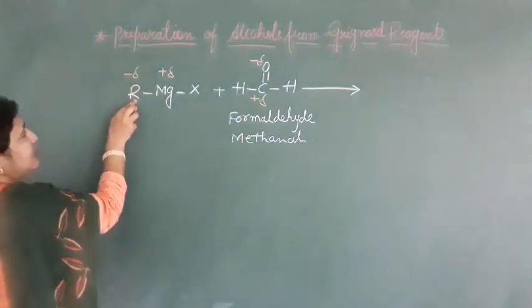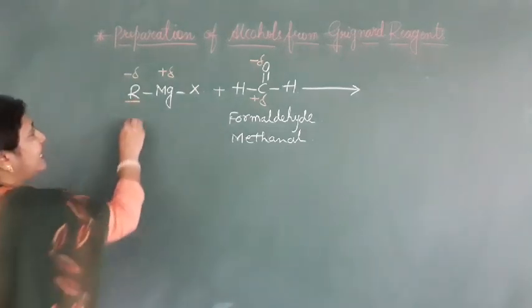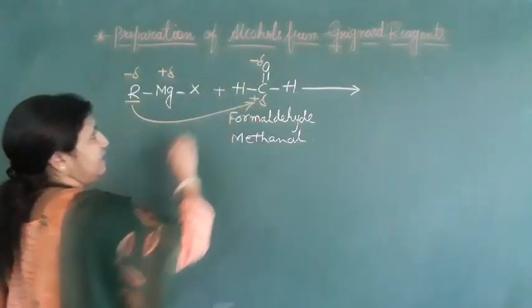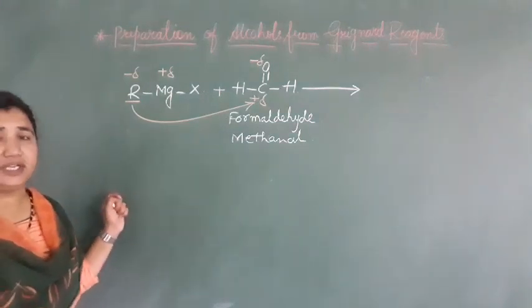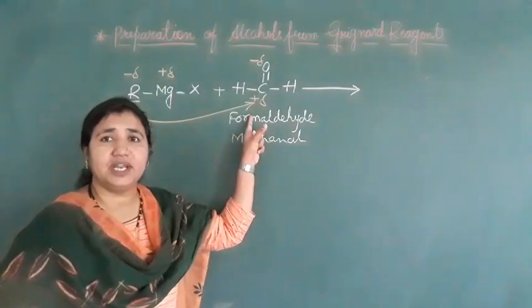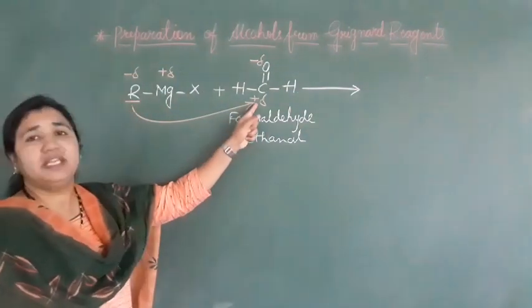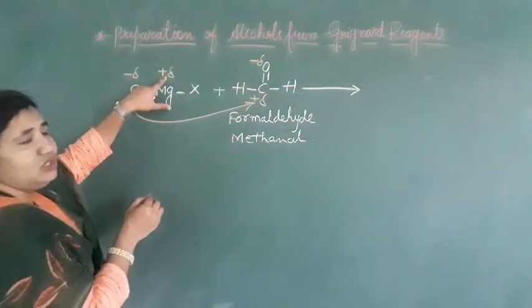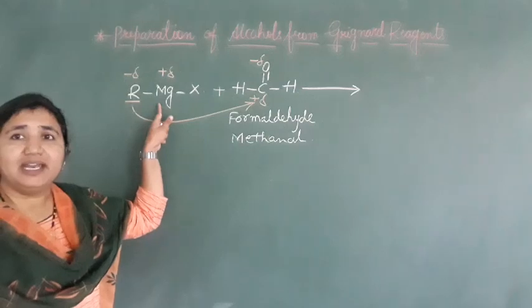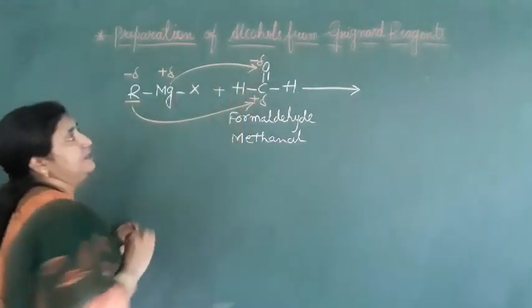So this alkyl group acts as a nucleophile and attacks this carbon. That's why it is called a nucleophilic addition reaction. This R minus first attacks this carbon, and after that this Mg, which has a positive charge, acts as an electrophile and attacks this oxygen.